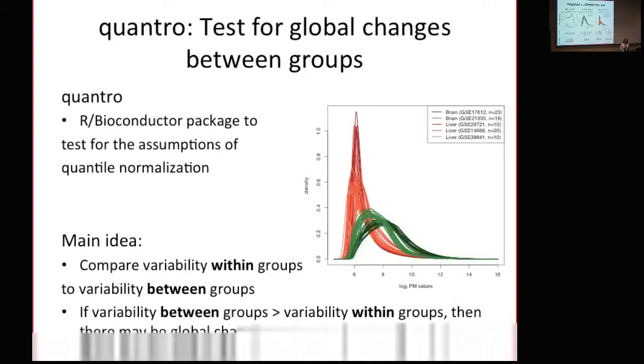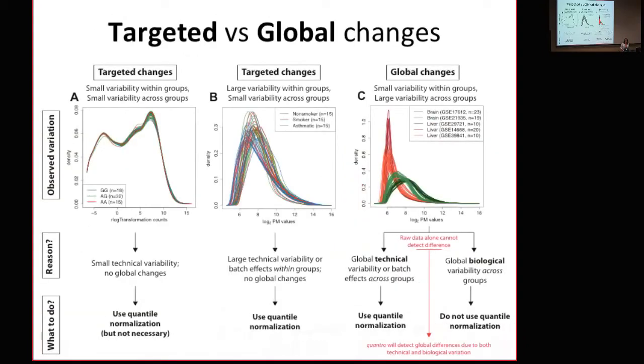Okay, so we did this to a lot of different data to explore its potential. And I find this plot helpful in determining when you should be using quantile normalization. So in the first figure, figure A, we are looking at gene expression data of a SNP. So we're looking at one particular spot in the genome, and there are 3 different groups of samples.